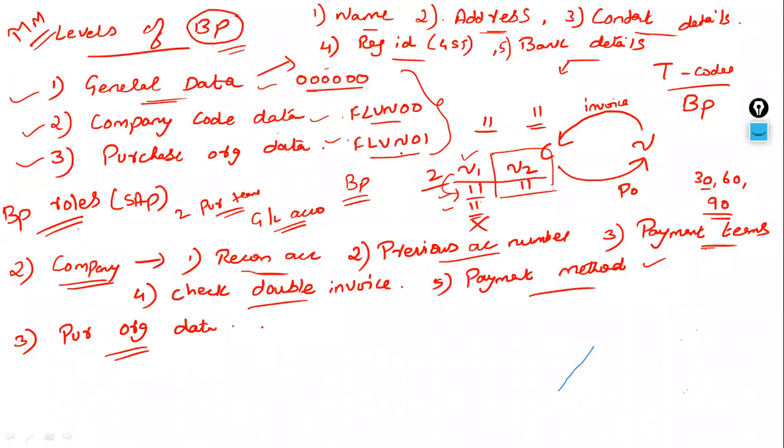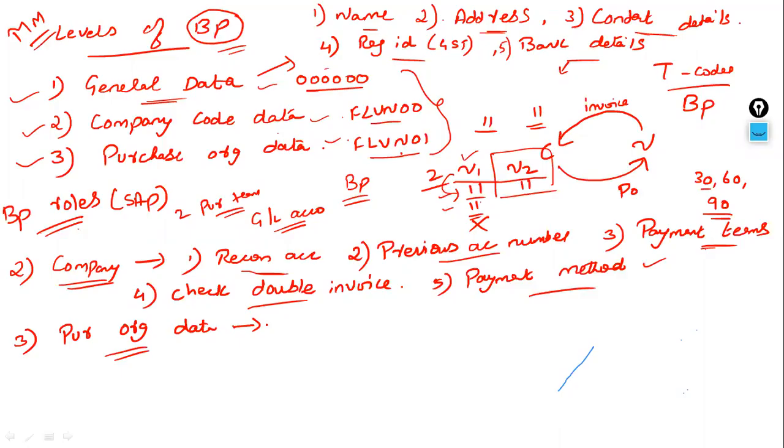Now you're going to define which team wants to purchase the material from this vendor. For that reason, you are going to fill this purchase organization data. Except for the purchase organization with which you fill the entries, none of the other purchase organizations can purchase from this vendor.